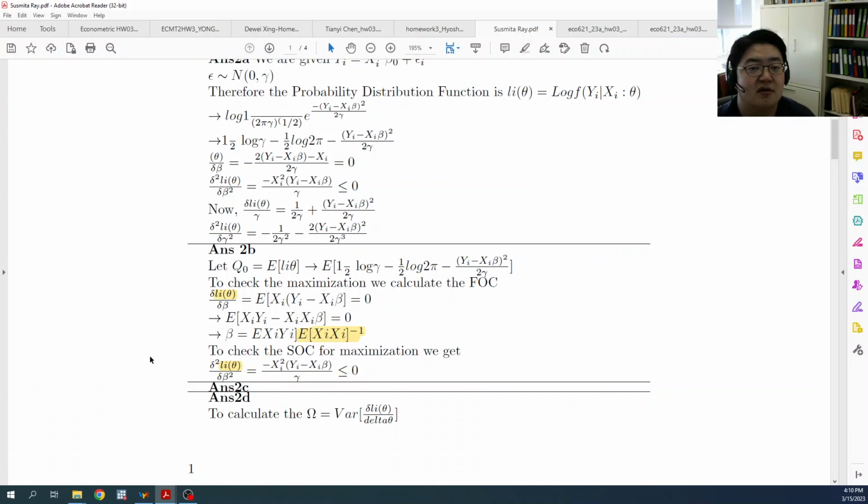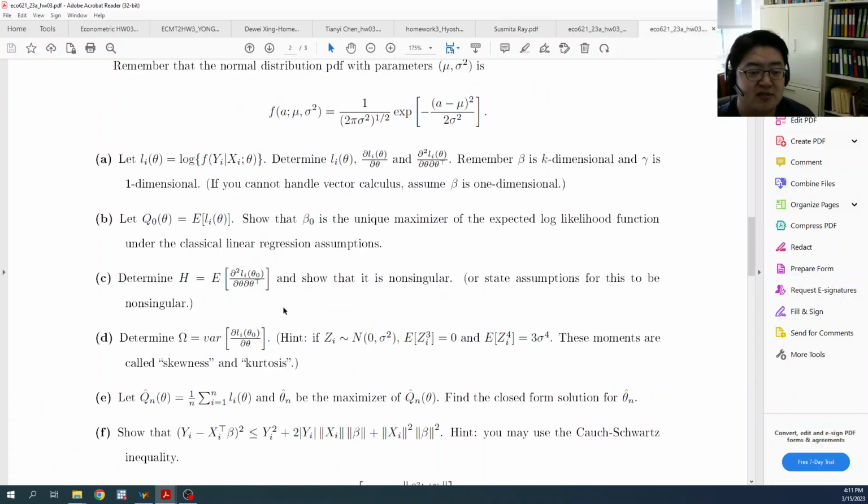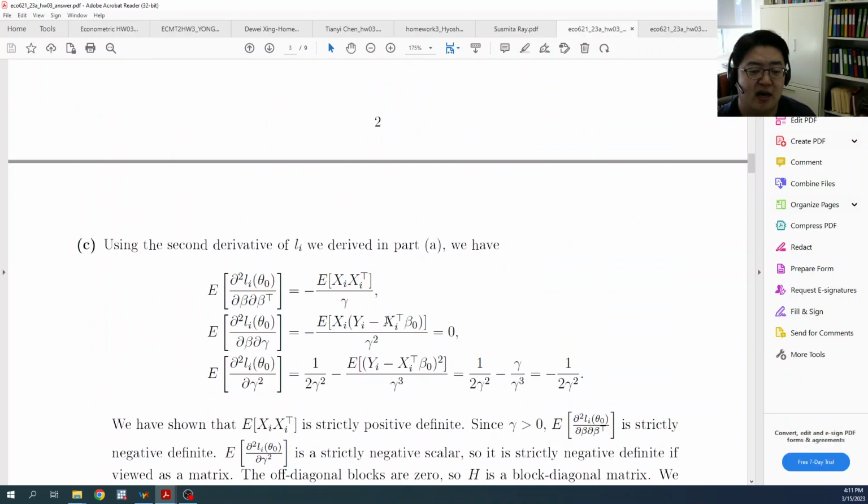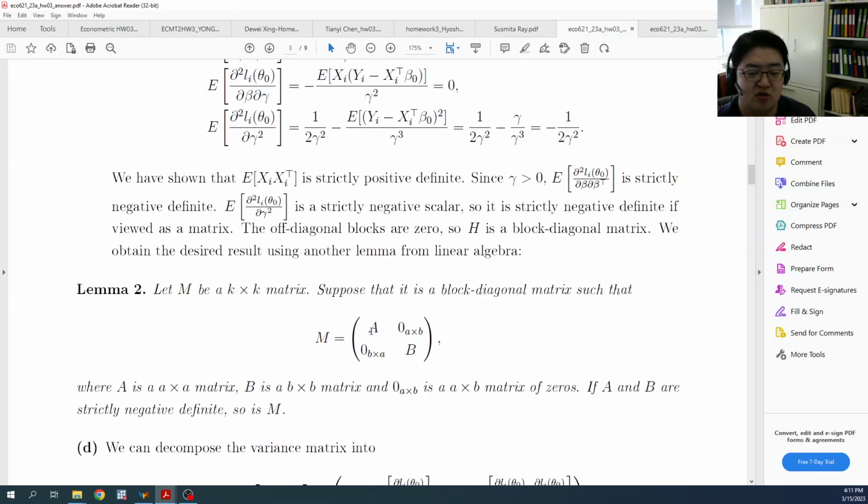Okay. And then part C, show that it is non-singular. And this is based on the lemma I showed you. So using the block diagonal form, then you can easily prove definiteness for each of them, which is pretty straightforward.